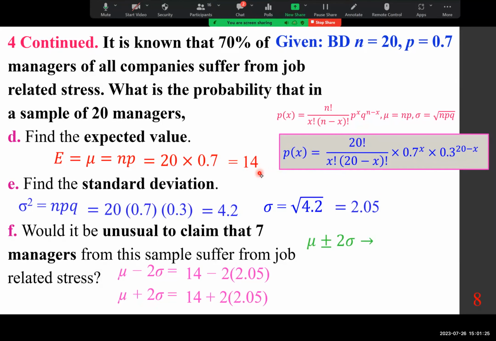So when you multiply by 2, you get 4.10. Subtract it from 14, you get 9.9. Add it to 14, you get 18.1. If the given number is between the two, it is usual. So from 9.9 to 18.1 is usual. If it's outside, it's unusual, and it is outside. This notation, which looks like epsilon, is an element of.